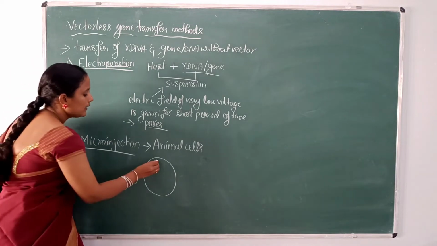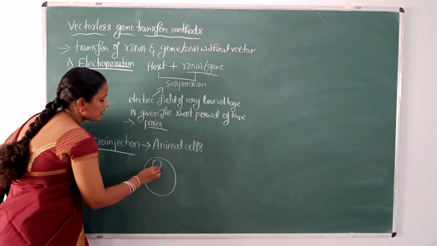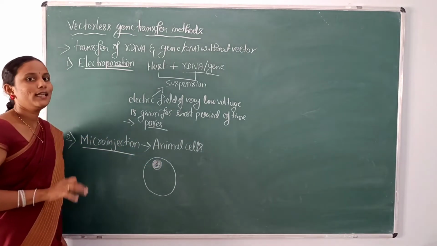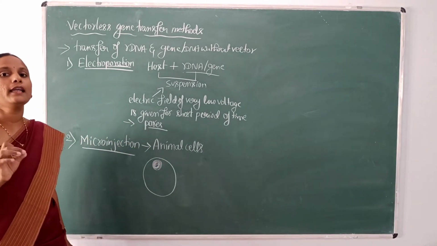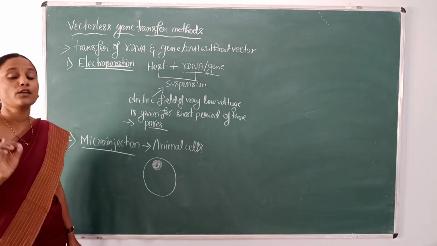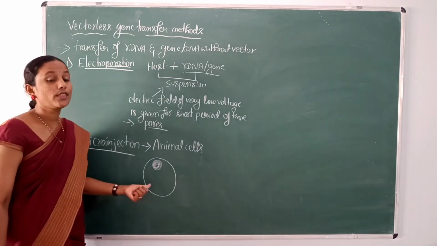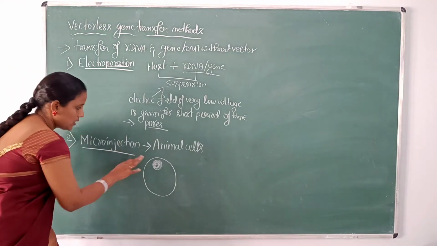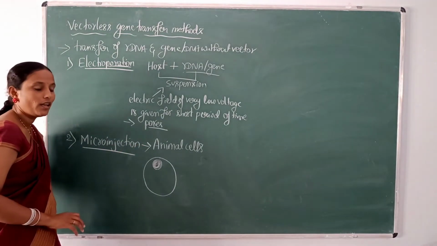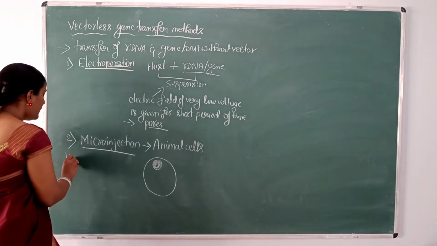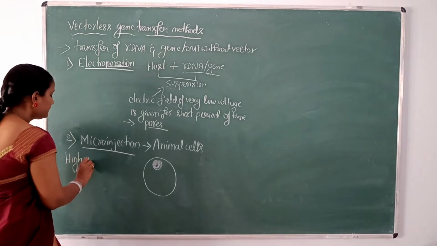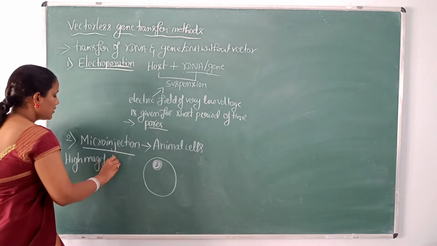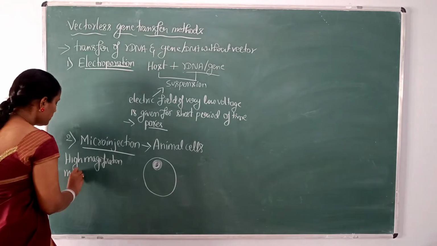So here the animal cells will have the extrinsic nucleus. So this cell will be kept under high magnification power microscopes. So they are working with a single cell, right? So the procedure of microinjection is conducted under high magnification microscopes.